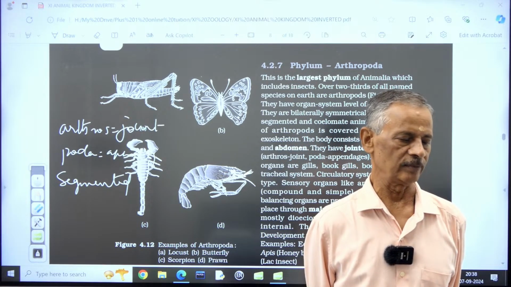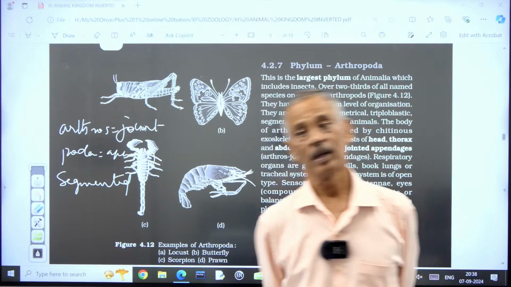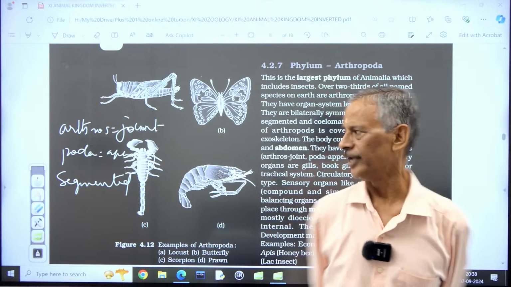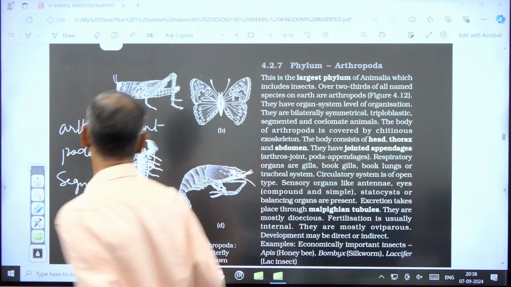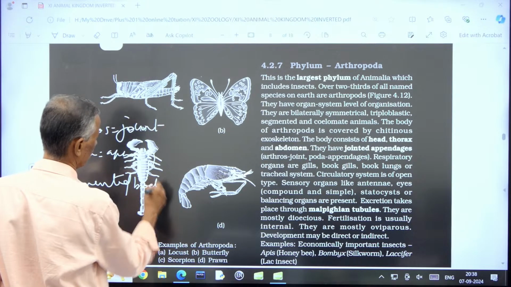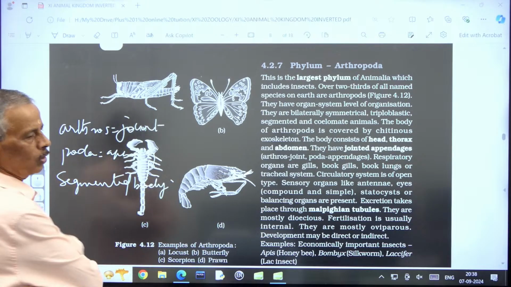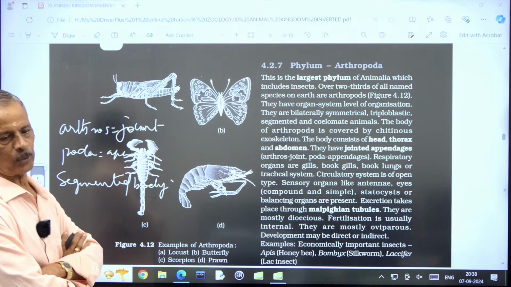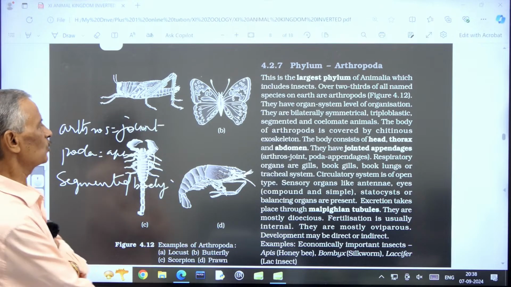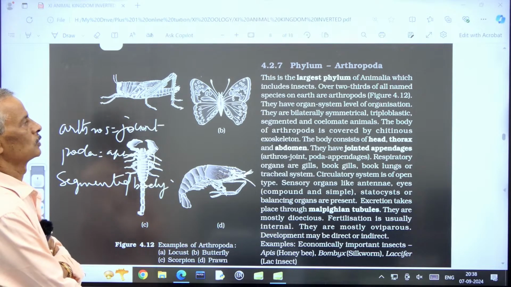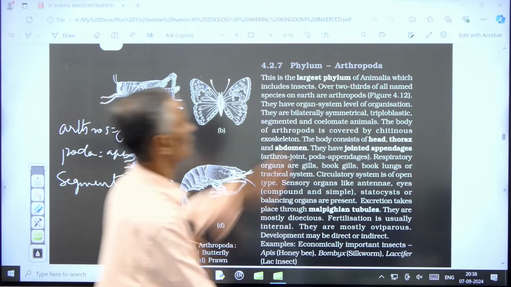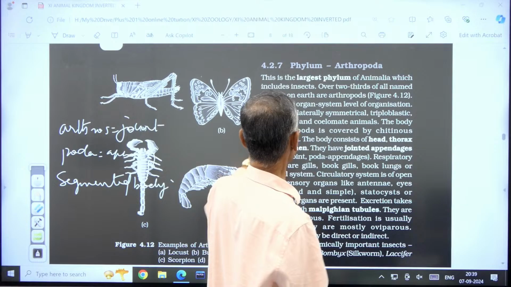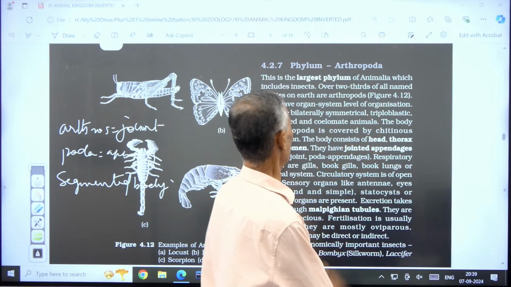Only in these 3. So segmented body. They are also coming under schizocoelomates. Annelida, arthropoda, and mollusca are coming under schizocoelom. So they have organ system level of organization, bilateral symmetrical, triploblastic, segmented, coelomate.